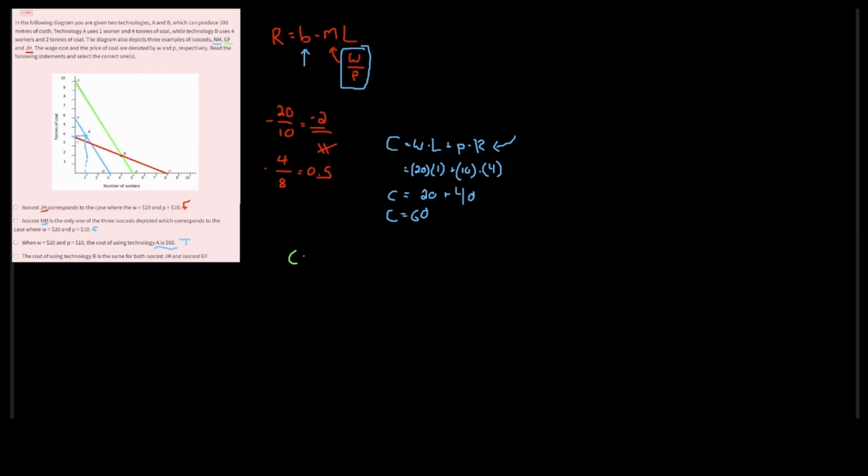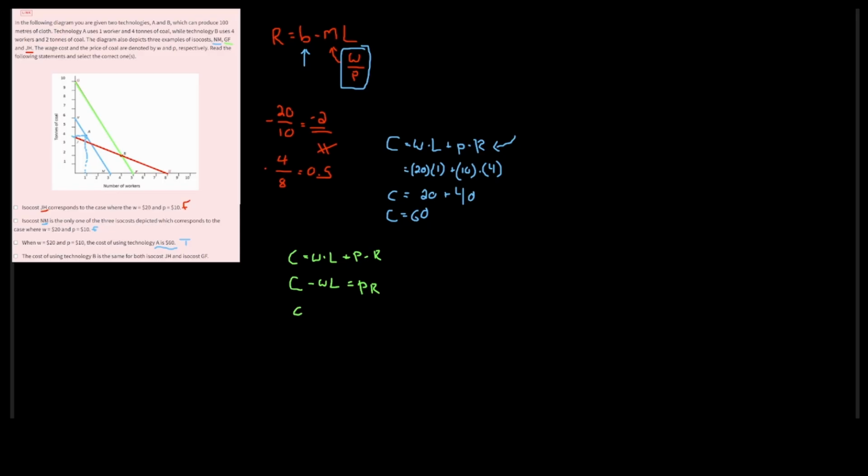Let's start off with this whole C equals W times L plus, that's a plus, P times R. And again, we want to isolate the R altogether. So we start moving everything over. We get C minus WL equals PR.